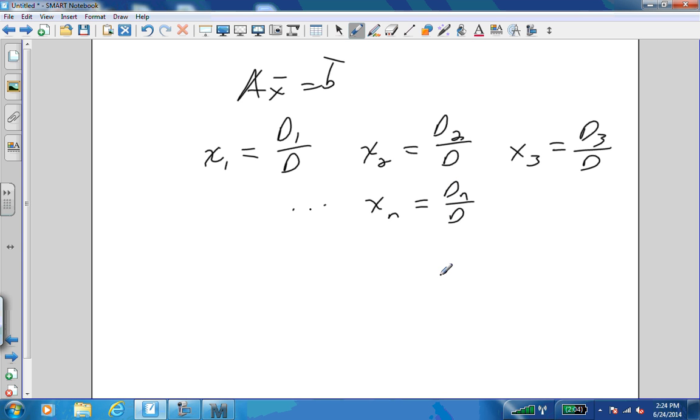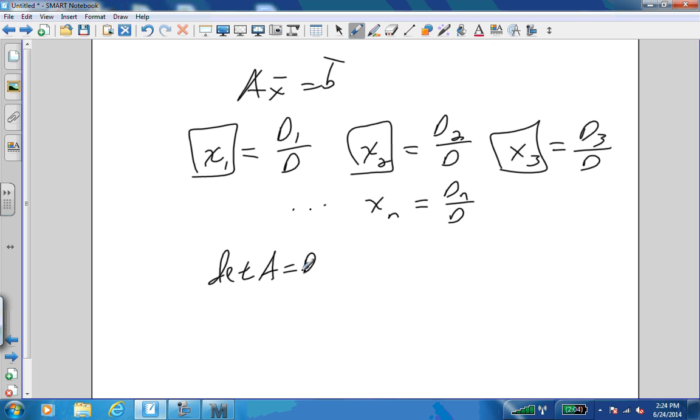So if we can calculate these determinants, then we can come up with the solutions to our linear system of equations. Now this works if the determinant of A does not equal 0. Notice if we have a 0 for D, then that's undefined.